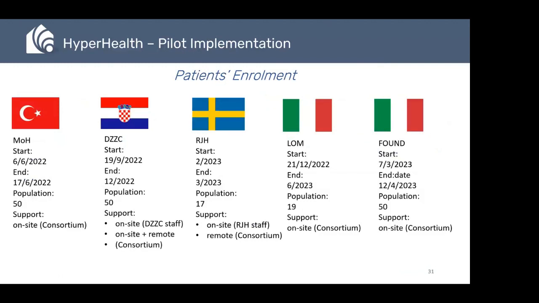We and the procurer personnel together managed to involve patients in each pilot site, and the support provided to the patient enrollment phase was provided by us, together with the personnel from the consortium, the procurer side, whether remote or on-site support during the enrollment.